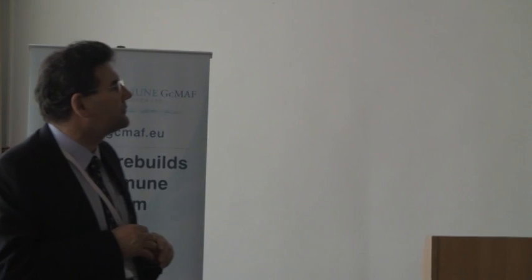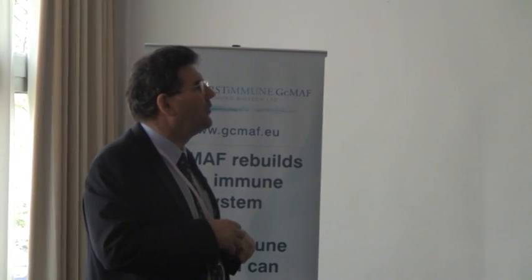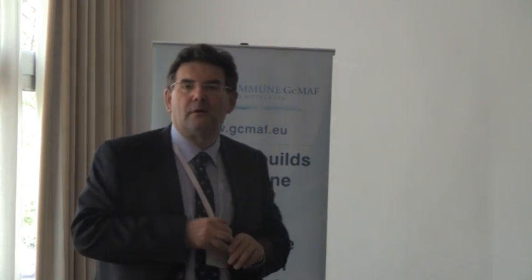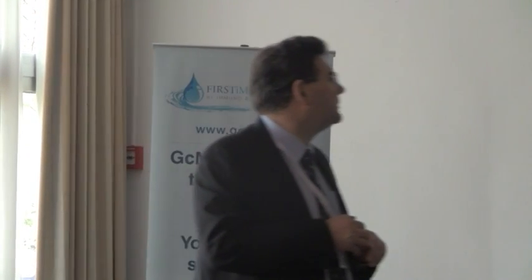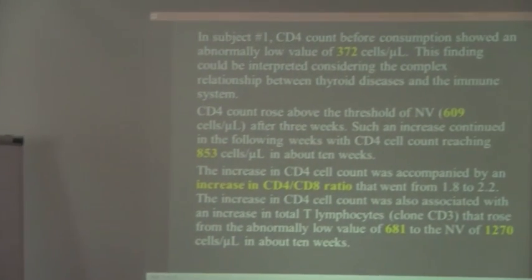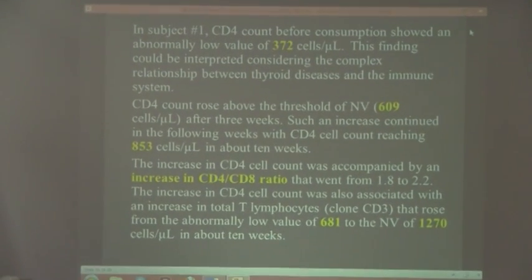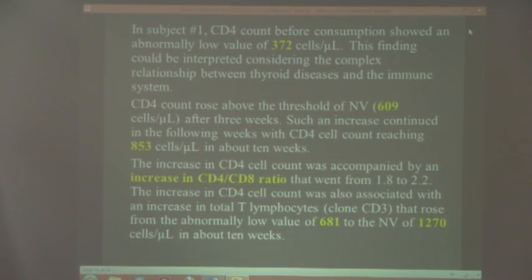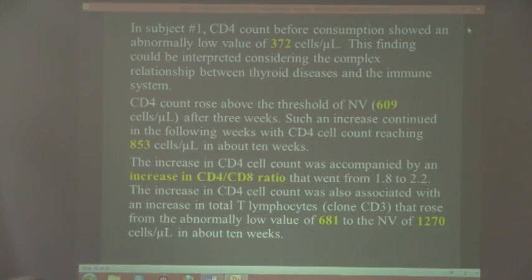So in subject number 1, CD4 was 372 cells per microliter. And after the Bravo probiotic, the CD4 count went up to a quite amazing 853 cells. That is normal.